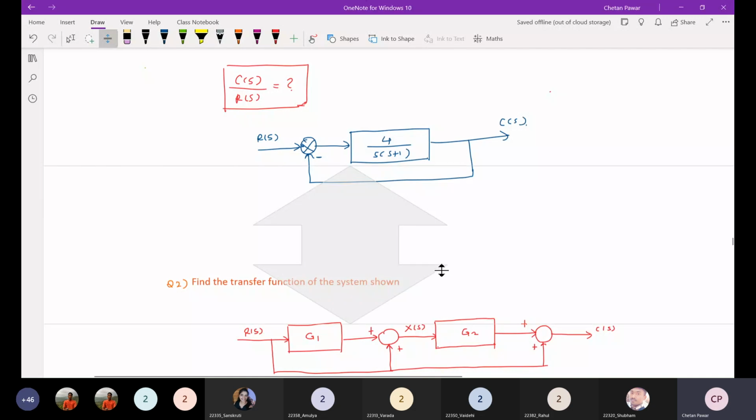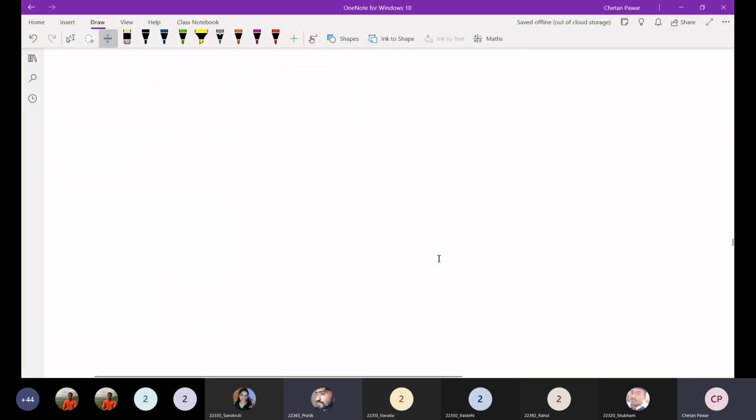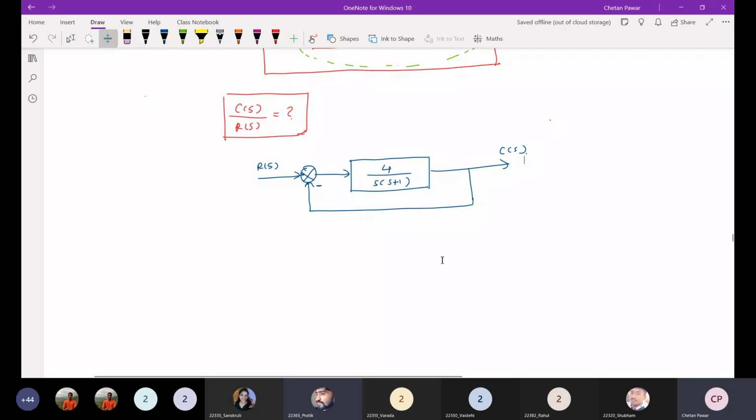Sir, it is negative feedback. So the negative feedback rule will be applied. But do you know what we have used? Unity feedback. This is unity feedback, right? Yes, H of S will be 1. Yes, good. So we have seen one rule for negative feedback.